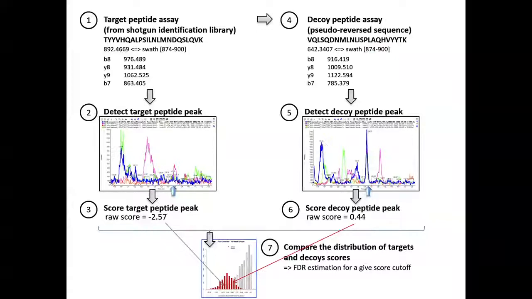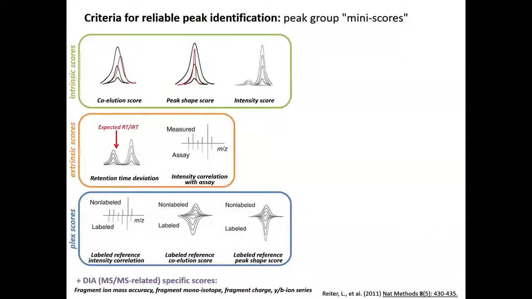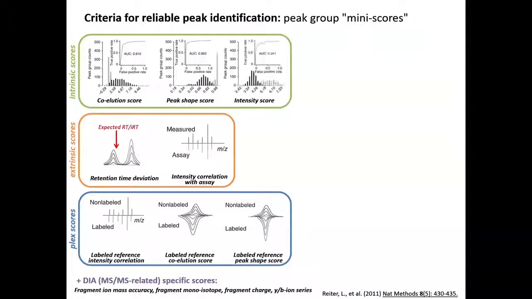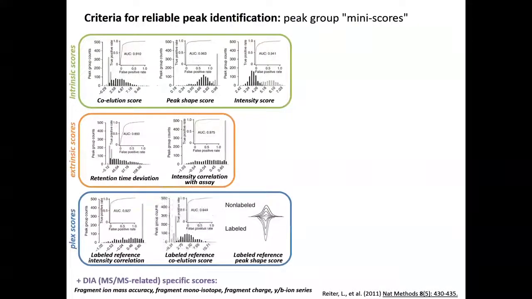So this is to show you that once you acquire enough targets and enough decoys, you can plot the distributions of scores. And from that, you can learn what is actually true and not true in your identifications. So we do this for each of these mini scores. Each of these mini scores gets replaced by one of these distribution histograms. For example, here you see the peak shape scores. Here it's a dot product.